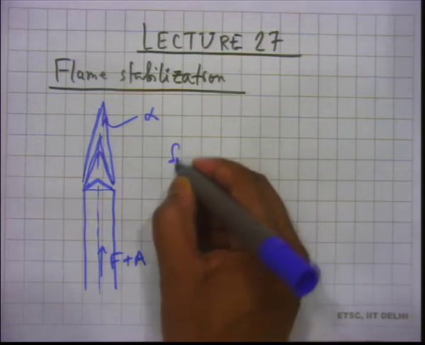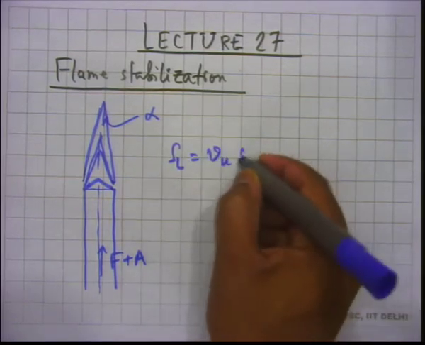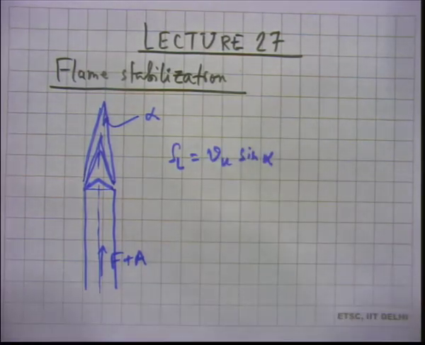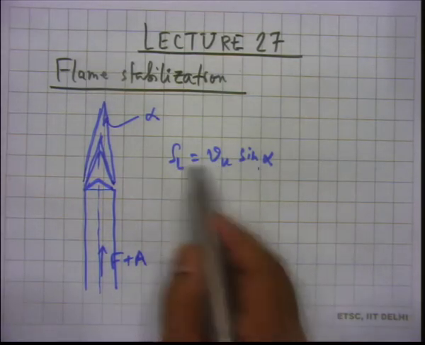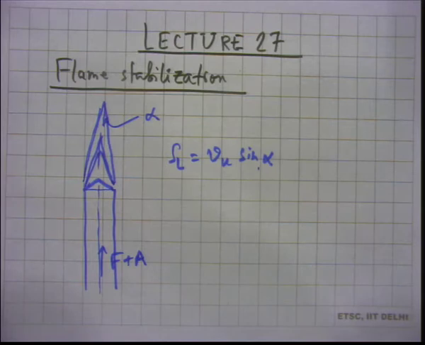So we wrote SL equal to VU sin alpha, and if you can match your VU exactly to SL, then you may be able to even get a flat flame, but it's a very hard thing to do practically. If your VU is more than SL, then sin alpha is SL by VU, which gives the half cone angle.